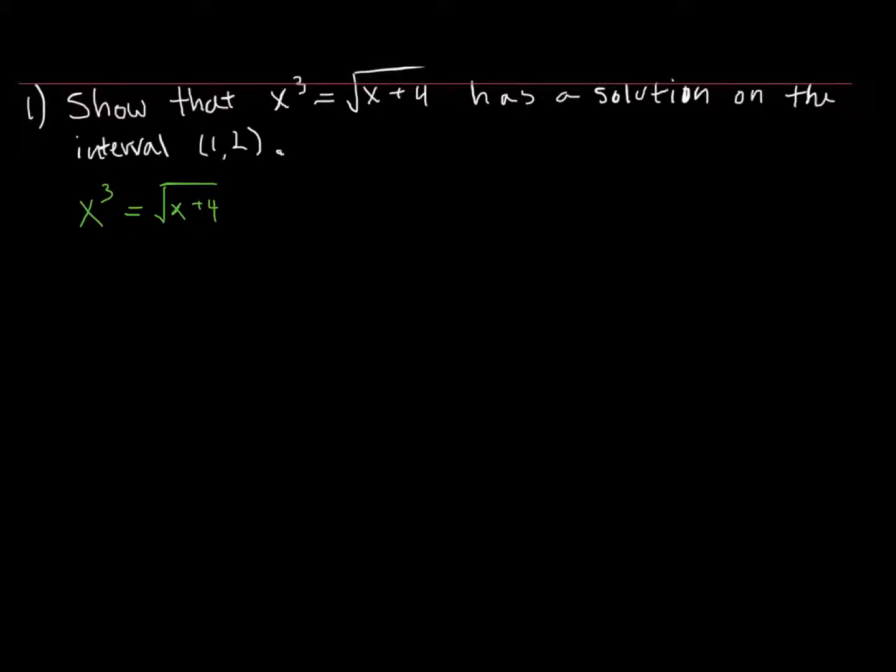Because then I have some sort of function in terms of x, and I'm looking for when that function hits the x-axis. So what I can do here is subtract the square root of x plus 4 from both sides, and then what I'll have is x cubed minus the square root of x plus 4 equals 0.